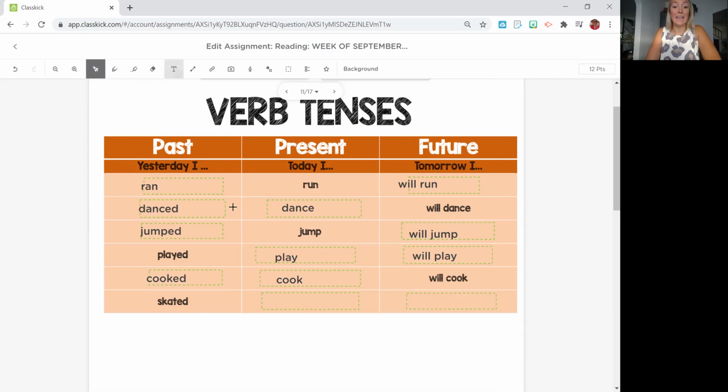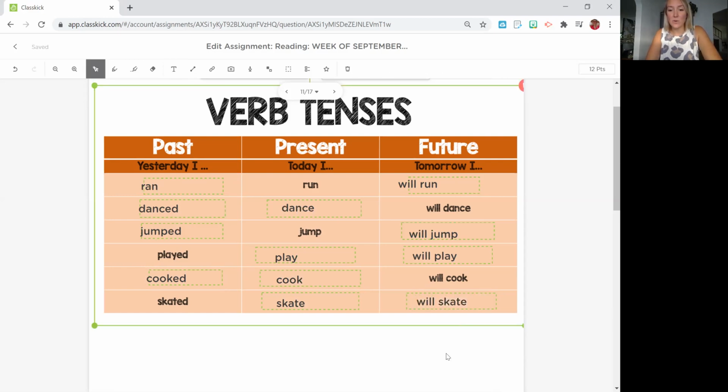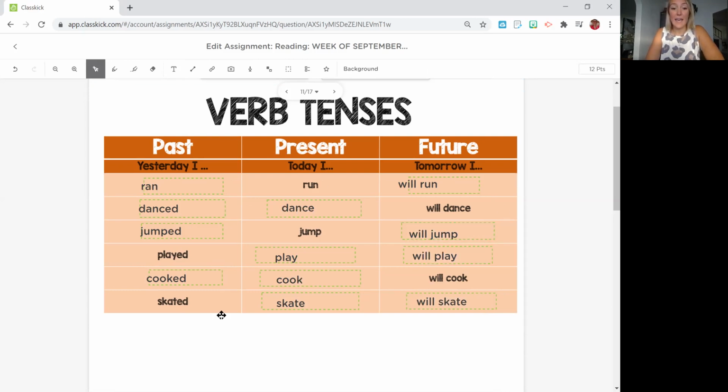Today I skate. And tomorrow I will skate. So next time you do an activity like this, I want you to go side to side, okay, and look at our sentence starters to help you out.